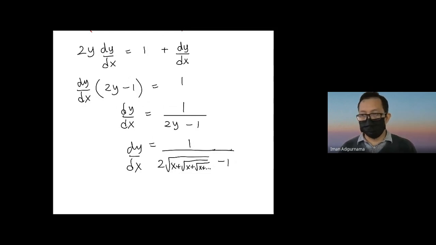So implicit differentiation has some benefits, especially if you have two variables in one equation. So you can take implicitly the two variables as related to each other. Okay, so you take the dy dx.